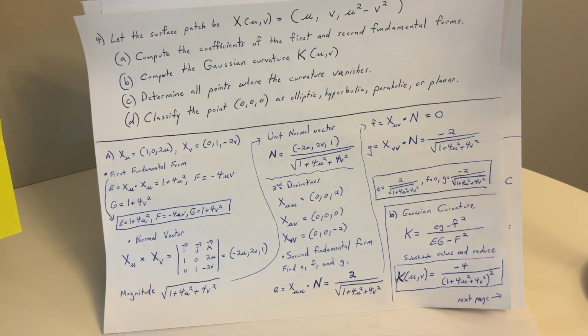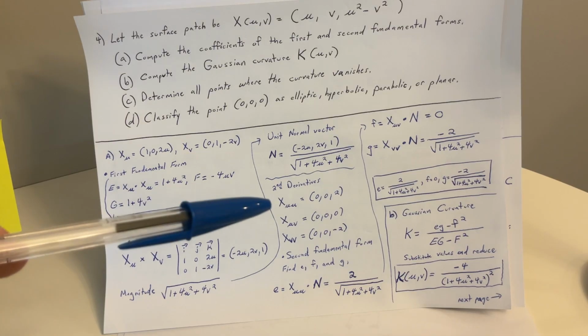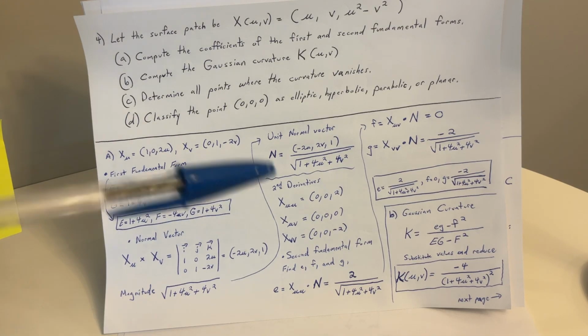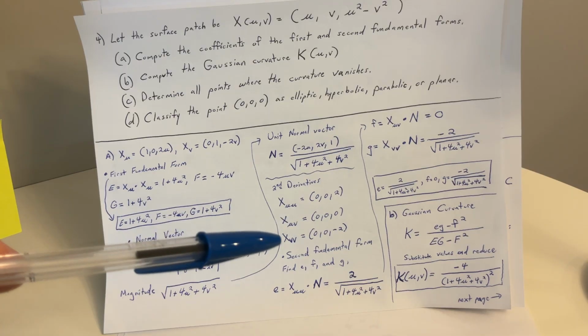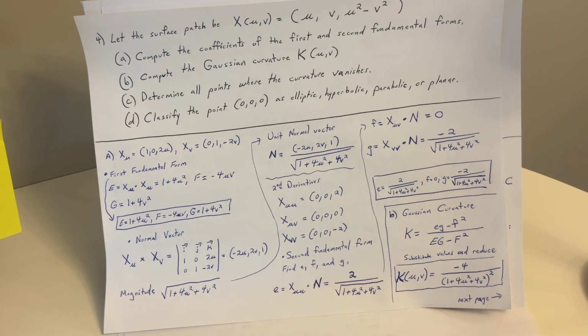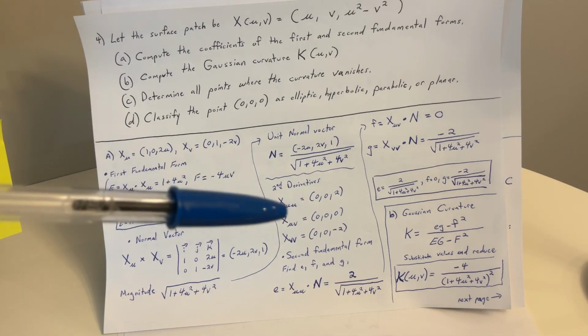So after we get the unit normal vector, well, now we need to get our second derivatives and partials. X sub uu, x uv, x vv. And we wind up with (0, 0, 2), (0, 0, 0), (0, 0, negative 2), respectively.